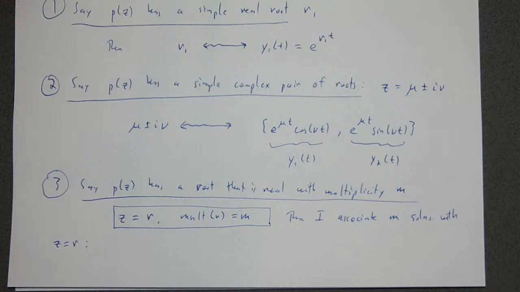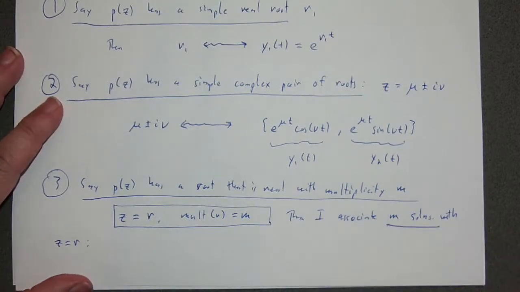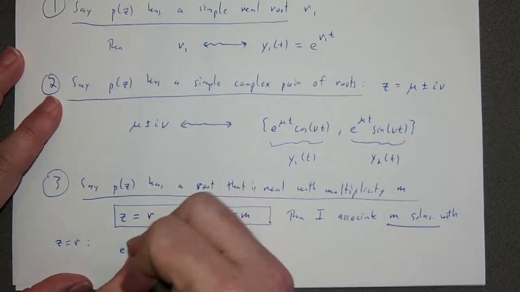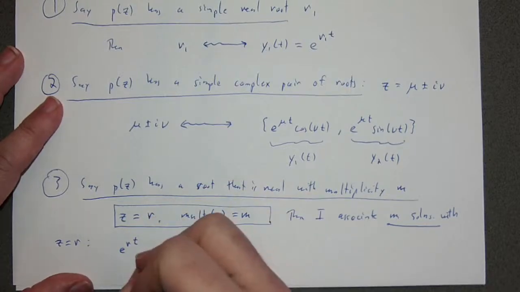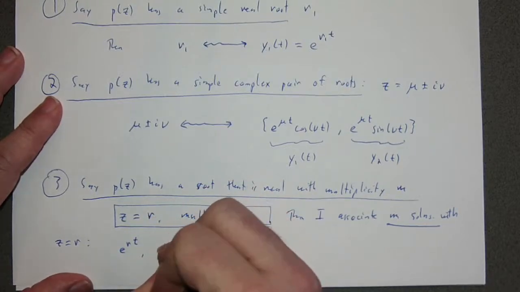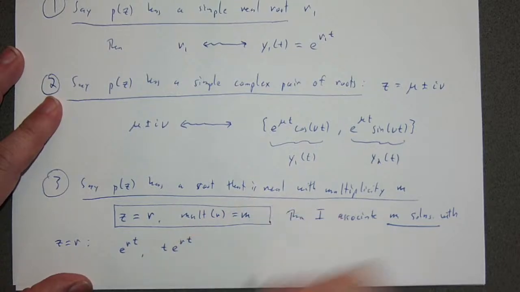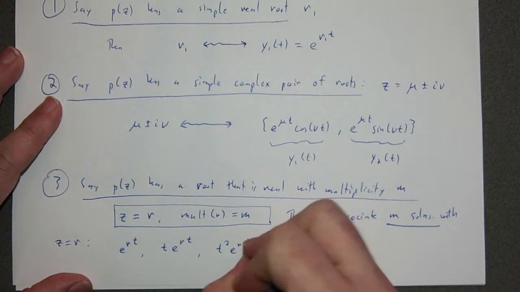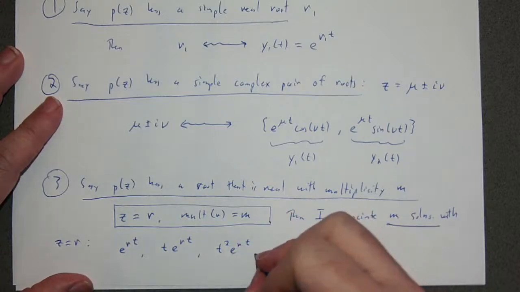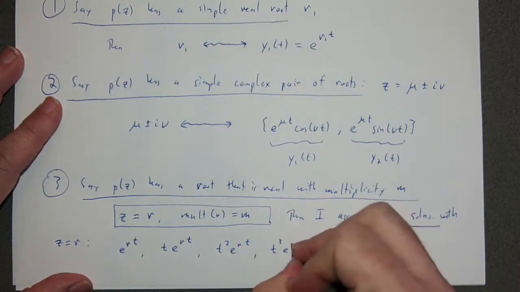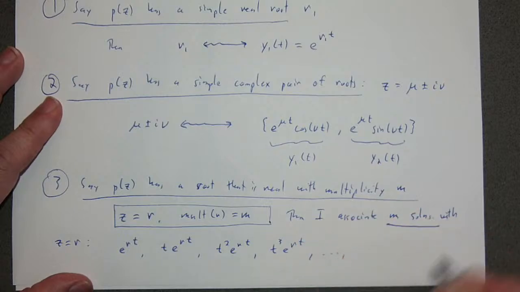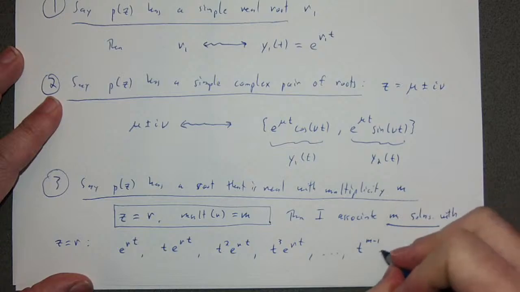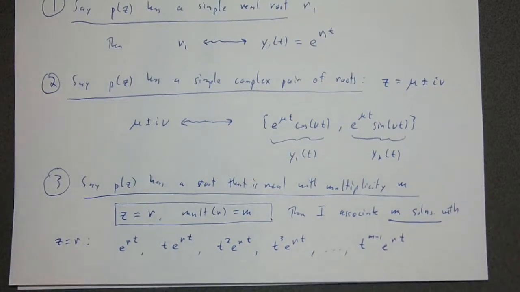What are those m solutions? They are as follows: e to the rt, t e to the rt, t squared e to the rt, t cubed e to the rt, and so on, all the way up to t to the m minus 1 e to the rt.